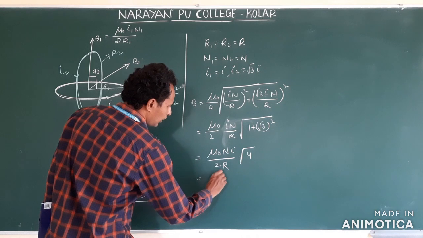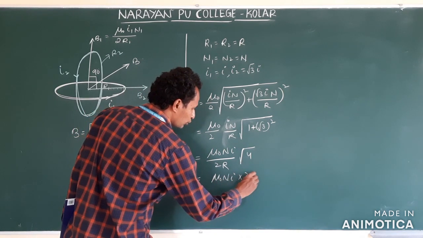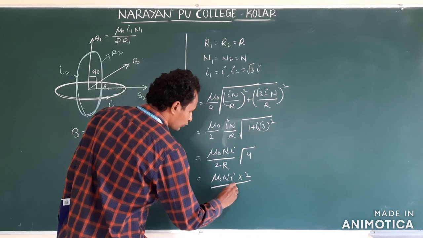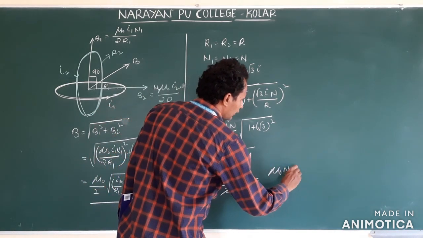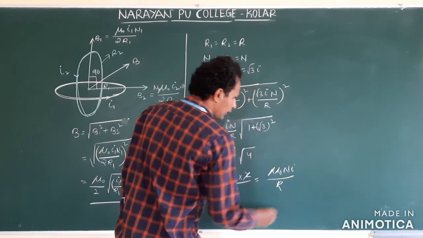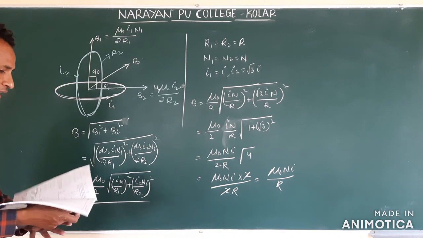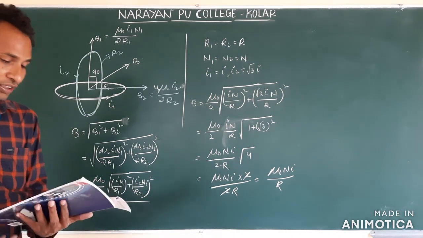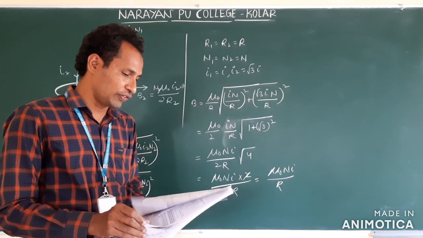Again this is mu naught N I, root 4 is what? 2 by 2R, 2 cancel. The final answer is mu naught N I by R. Is there an option mu naught N I by R? Check whether the calculated answer is correct or not. We will check.